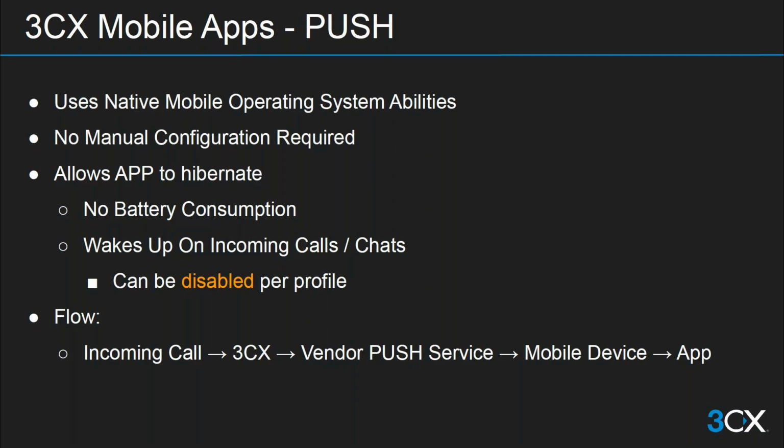The flow is pretty simple. The call comes into 3CX. 3CX realizes that, for example, if it's in a call queue, your extension is a member of that call queue. It recognizes that on your extension the push notification is enabled, and also that you have registered from a mobile app. So it sees that on the registration.